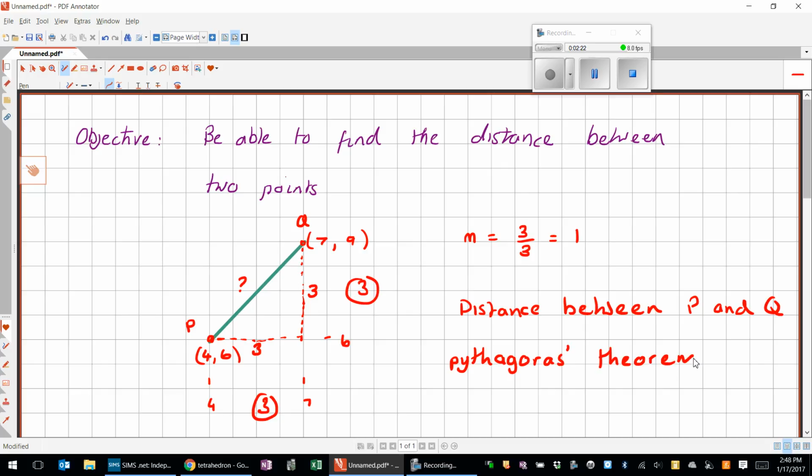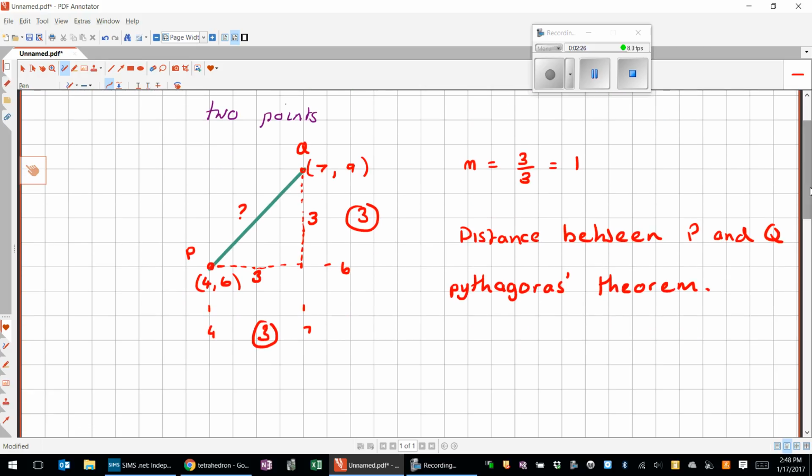Okay, now what I will say, this is Pythagoras' theorem at its simplest. There's nothing other than use it basically, because it's always going to be the hypotenuse that you need to find. So just remember, we've got a squared plus b squared equals c squared.